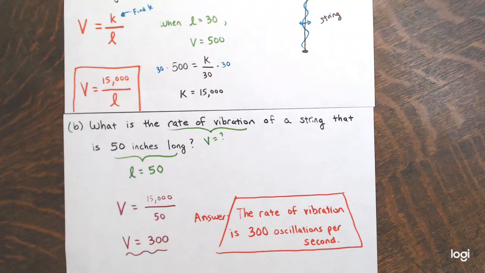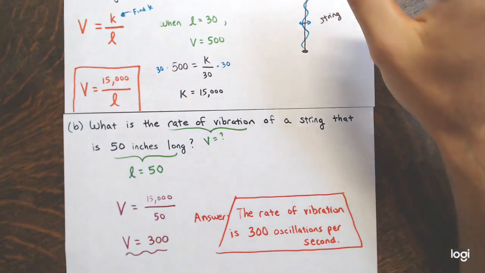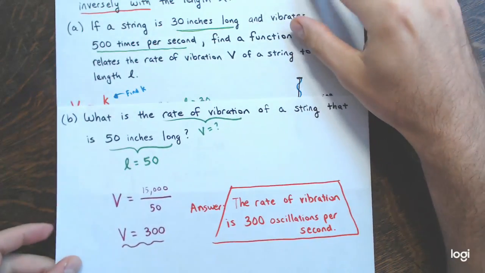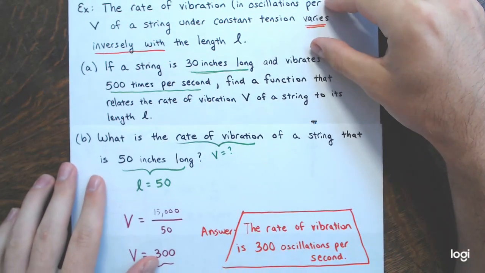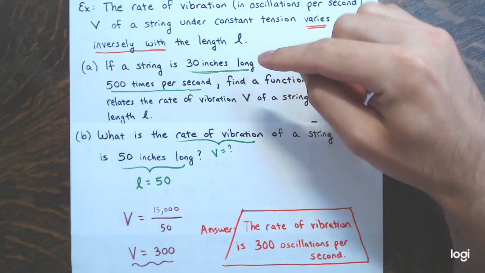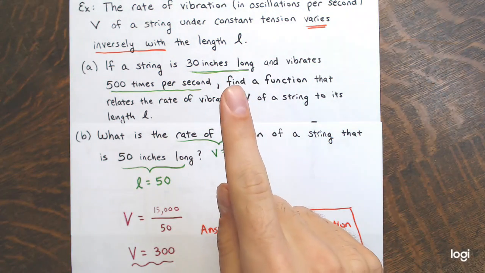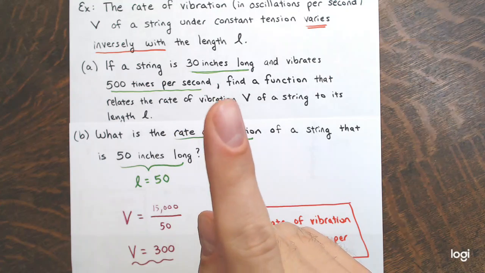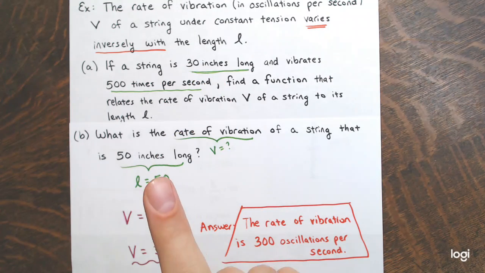All right, and do you see the inverse proportionality here, the inverse variation? Notice how earlier they mentioned when the string was 30 inches long, the vibration was 500 times per second. You see how the length increases to 50.